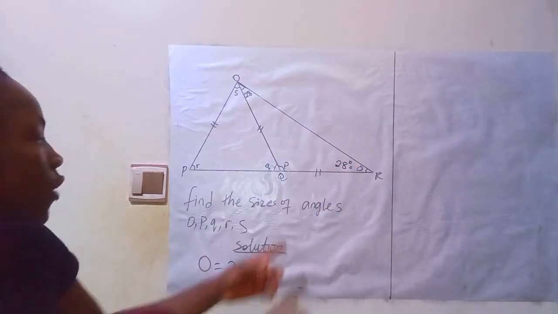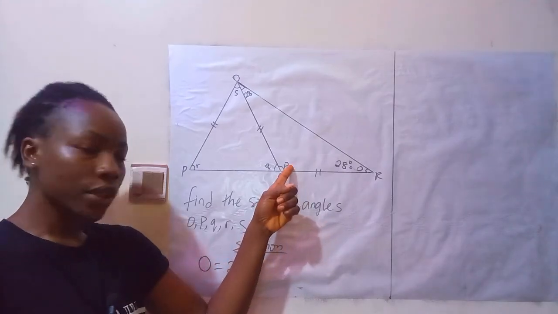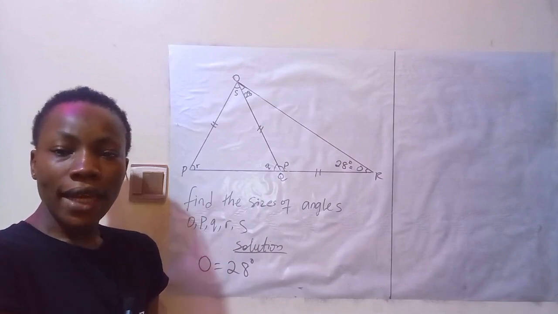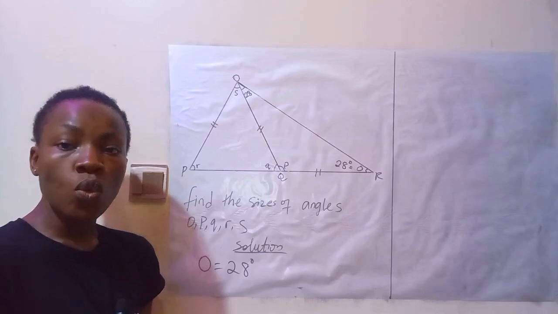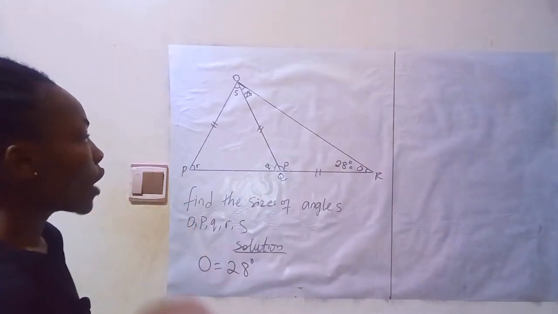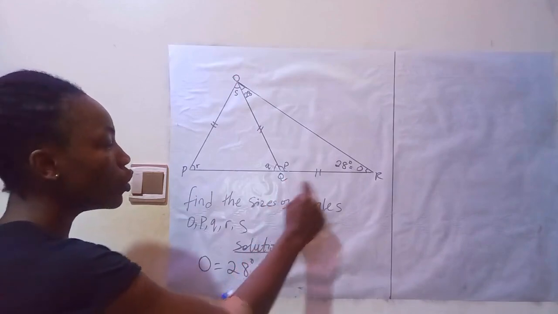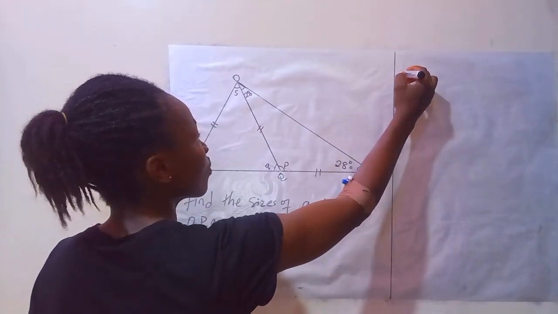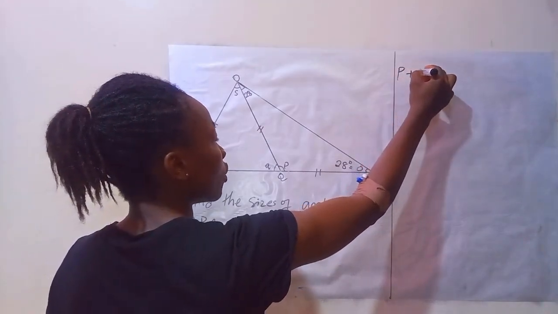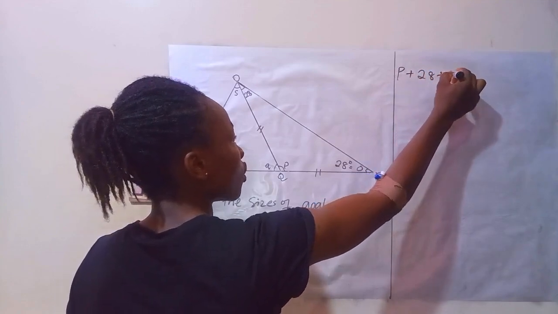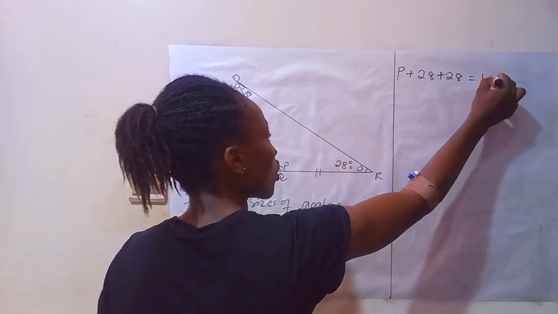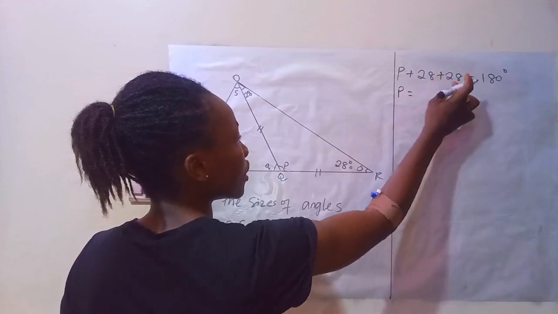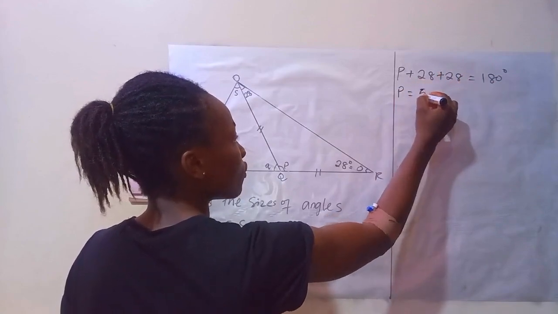Now, for us to find our P, we are going to use the sum of angles in a triangle, which is equal to 180. So we are using OQR. We are going to have P plus 28 plus 28 is equal to 180. Adding these two, we have 56.